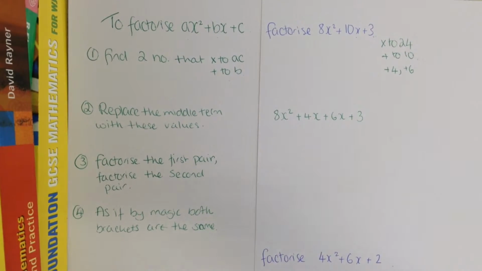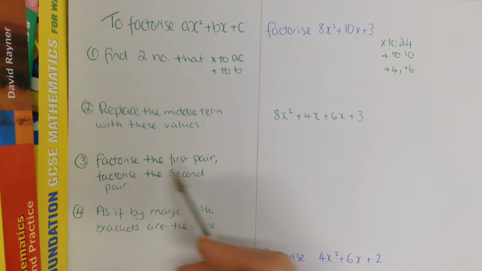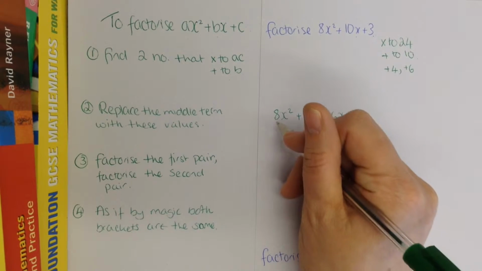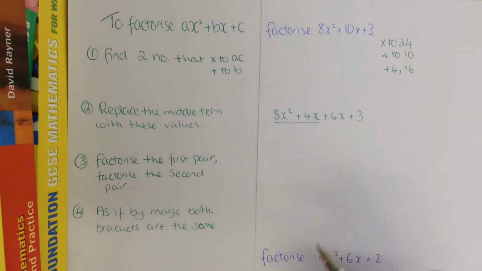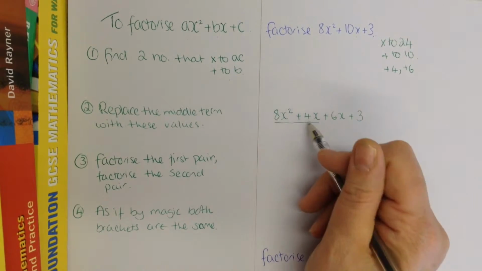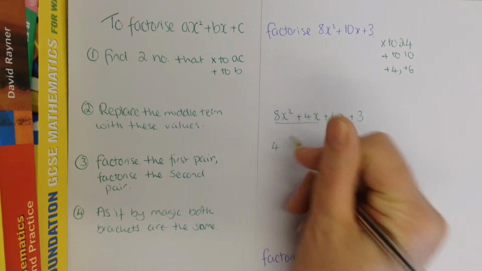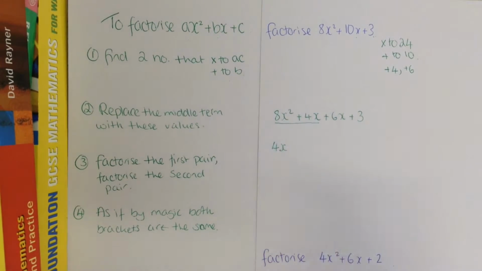Okay. Now it tells me to factorise the first pair, factorise the second pair. Now factorising means put the brackets back in. So factorising the first pair, well, we've got an 8 and a 4, so we can take 4 out, and we can also take an x out.